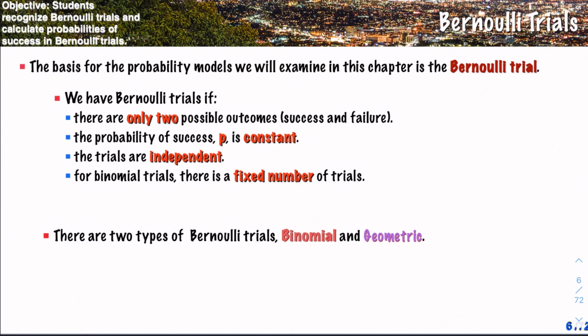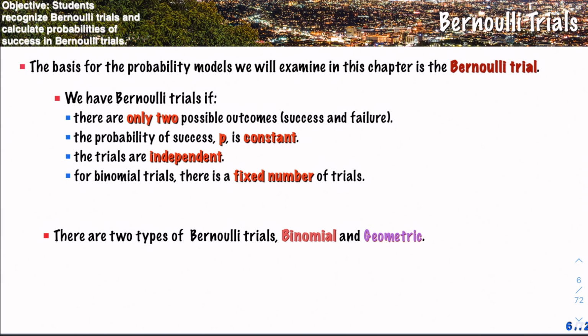The basis for the probability models we will examine in this chapter is the Bernoulli trial. We have Bernoulli trials if the following conditions are met. There are only 2 possible outcomes. Think left or right on the Galton board, or flipping a coin, heads or tails, or make or miss. The probability of success is constant, so you know what the probability of getting a success is.